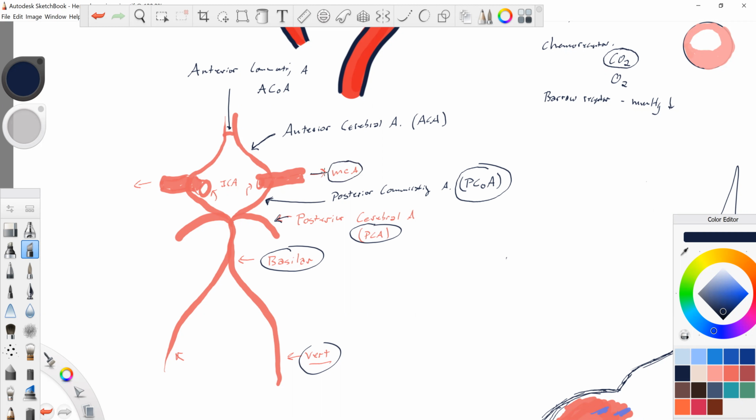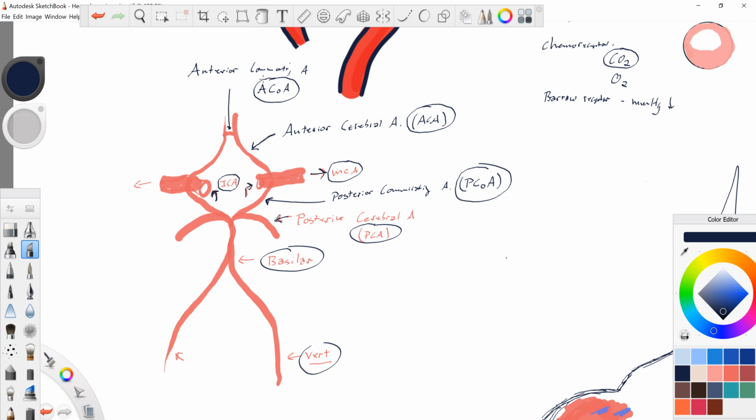MCA is coming out, but it's mostly created by the ICA, which kind of comes up from the neck here. We don't typically draw it all in because it just gets too messy. ACA, anterior cerebral artery, and anterior communicating artery.